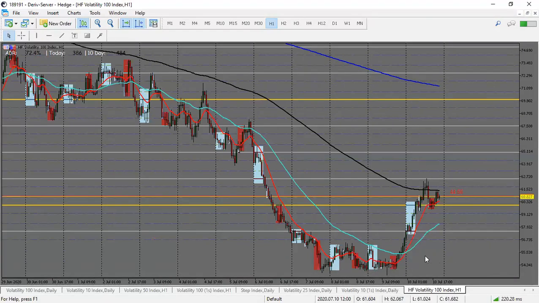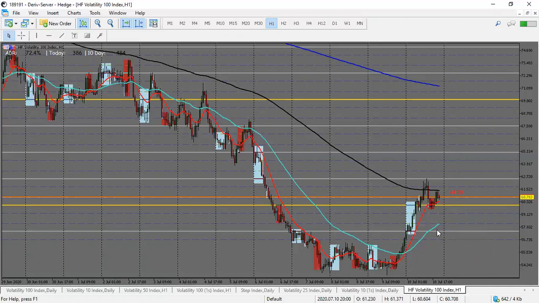It was actually an updated chart, but if we are to make a calculation, this is 60, this is 70, so it means we are having a gap of 50. This is 62.50, 65.